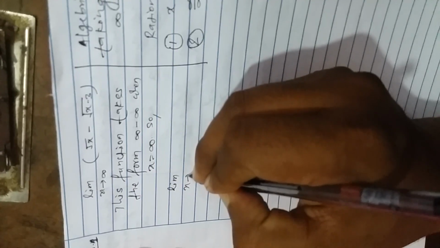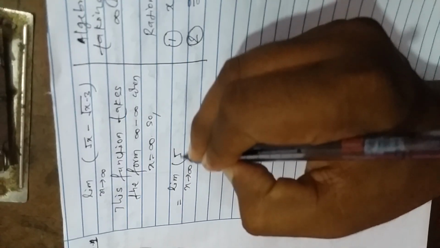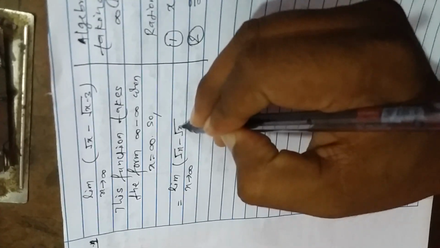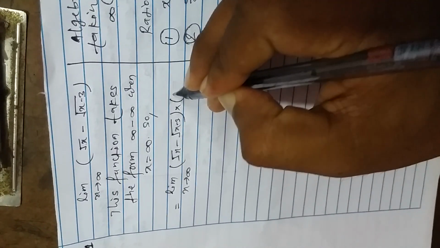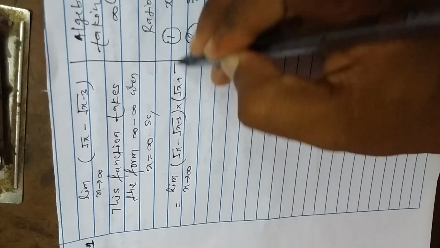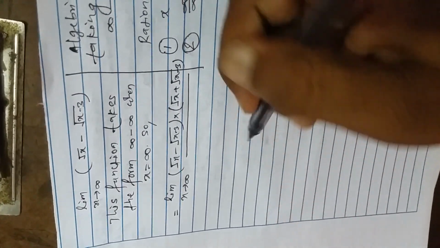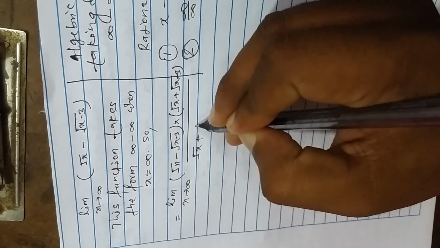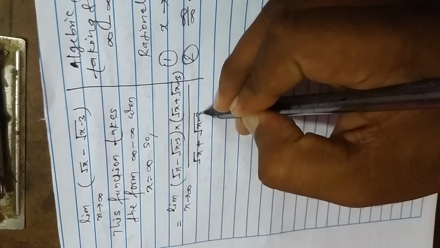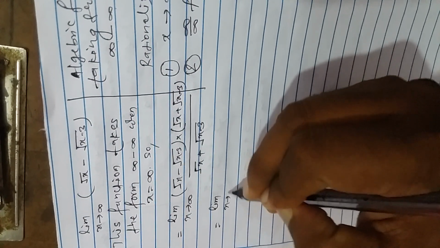Limit x approaches infinity of root x minus root x minus 3 as it is. Let us rationalize. We multiply by the conjugate, root x plus root x minus 3, divided by root x plus root x minus 3. Simplify it, it will be limit x approaches infinity.